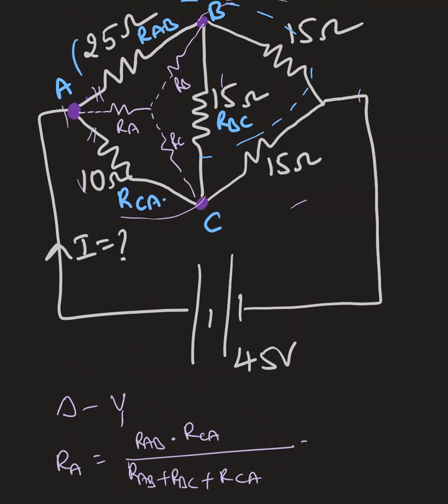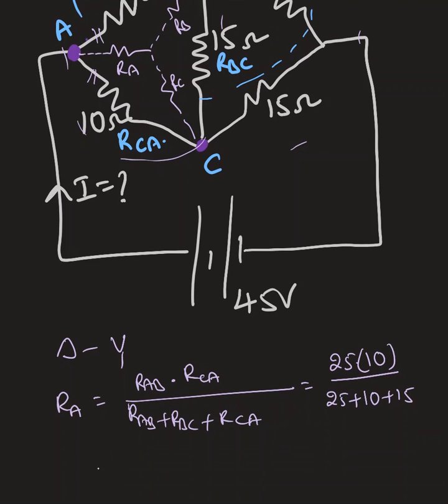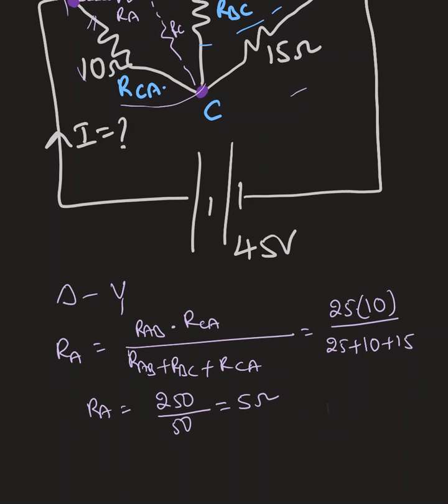Here RAB is 25 and RCA is 10 ohm, so 25 times 10, over 25 plus 10 plus 15. So 250 divided by 50, that is 5 ohm. RA equals 5 ohm.